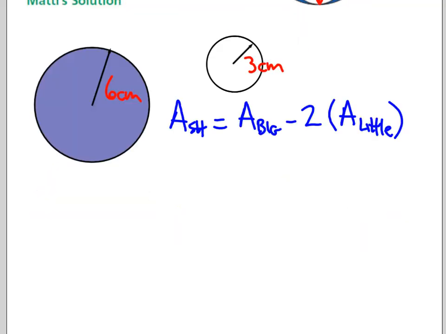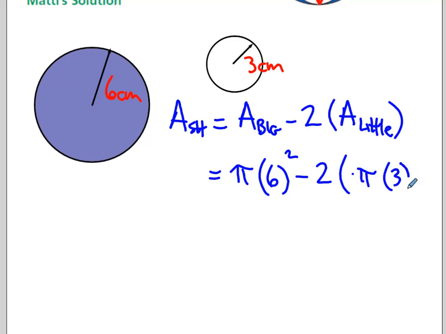Okay, and then here's how I would continue with that thought. I would say pi r squared for the big is pi times 6 squared, minus 2 pi r squared of the little, which is a 3. And then I would let my calculator do the work. So this becomes 36 pi. 3 squared is 9, times 2 is 18, so this becomes 18 pi.